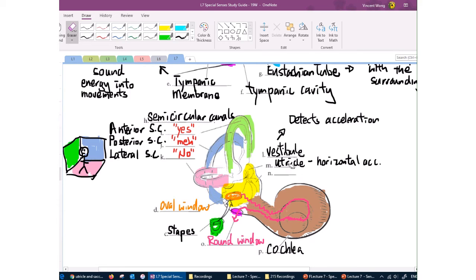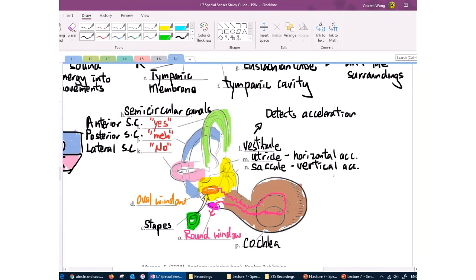That would be the utricle. That's sensing it. The other one is called the saccule, and that is responsible for detecting vertical acceleration. So this is when you are falling. Okay, if you're on a roller coaster ride and then you're going down really fast, and you feel that acceleration, that would be the saccule.